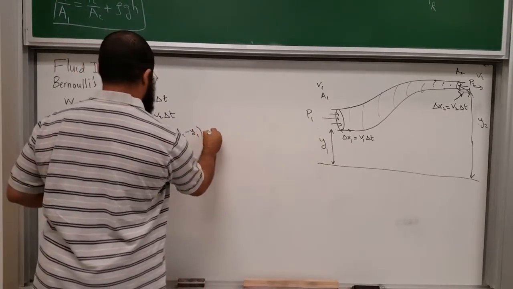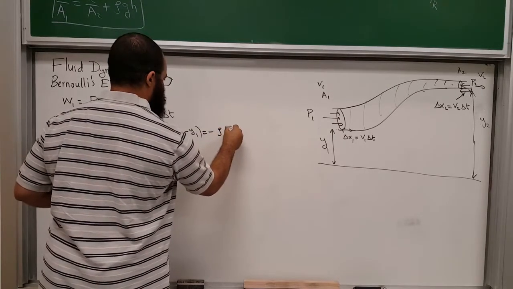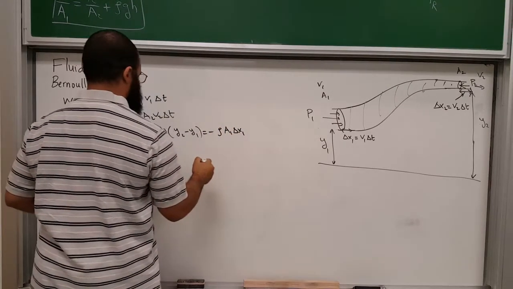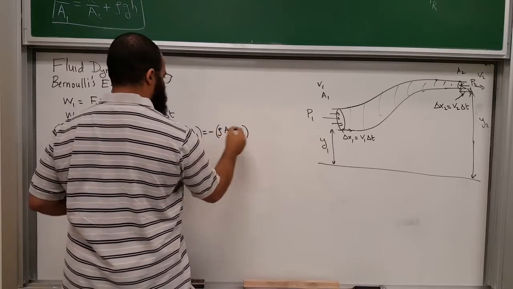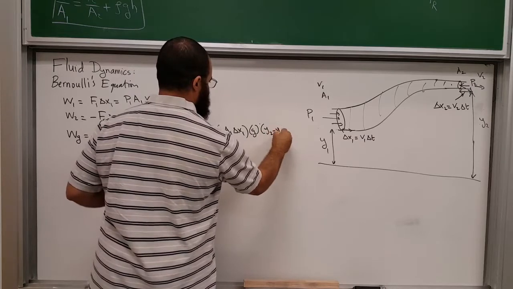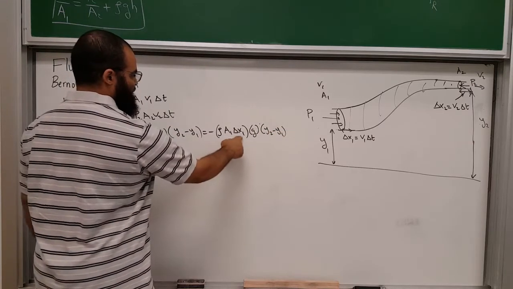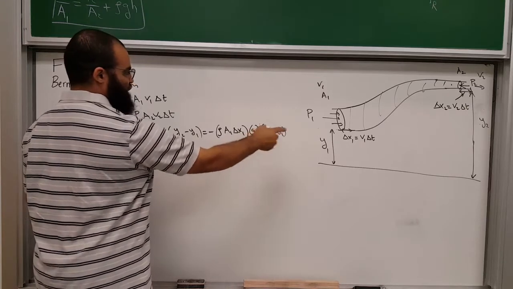I have negative delta M, which will be rho area 1 delta x1. So that's the delta M part times g, and then times y2 minus y1. And what do we get here? Delta x1 is v1 delta t.